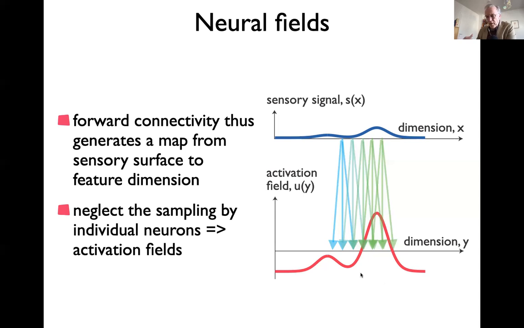I pointed a little bit to that in the previous lecture, that in cortex along these surfaces, you have relatively homogeneous patterns of connectivity. These dendritic trees look the same if you move along the surface, and in fact they tend to overlap a lot, and therefore if you move an input pattern gradually along the surface, then the activity in the layer would also move gradually and look sort of the same wherever it is.